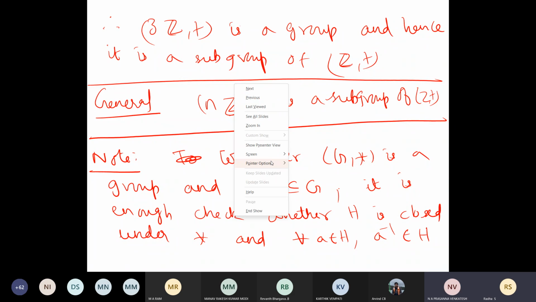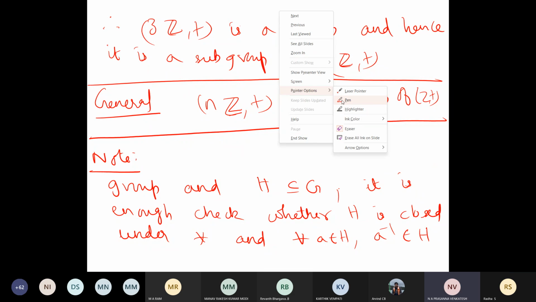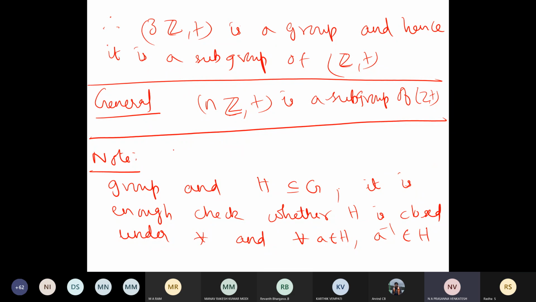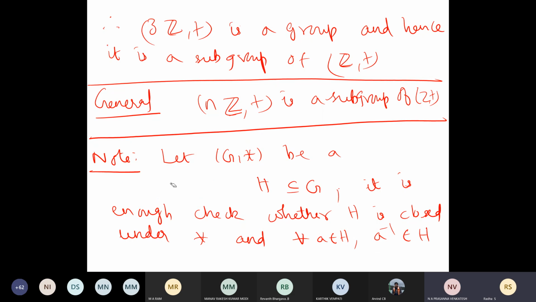I'll rewrite the statement. Let G, comma, star be a group.